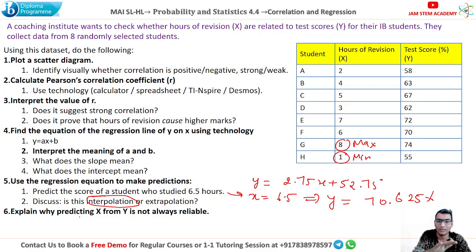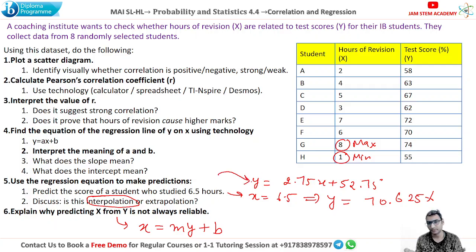Predicting x from y is not going to be reliable, that is the limitation. For that, you need to find the x value in terms of y, so you have to interchange these two. Then it will be okay to use that. Then you can enter the y value and get your x value.